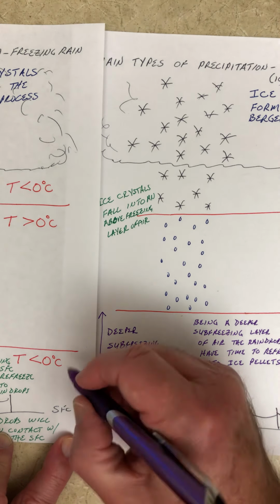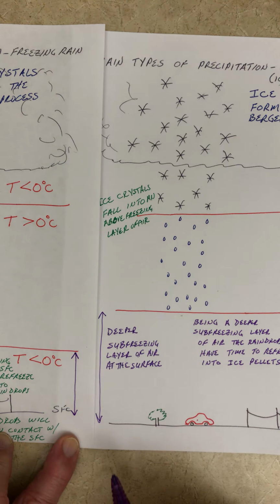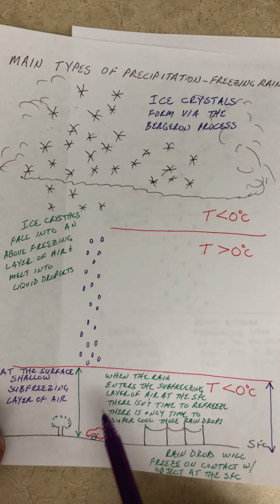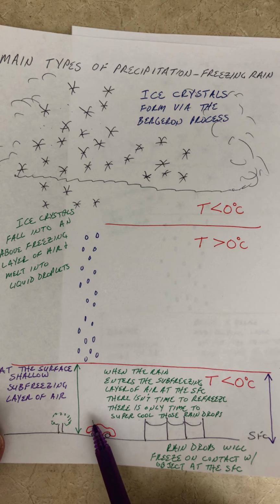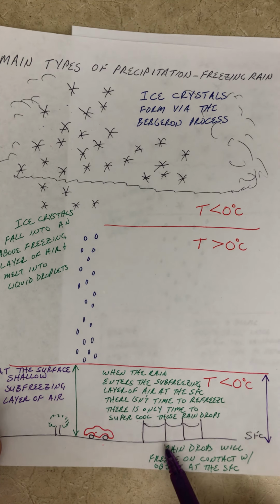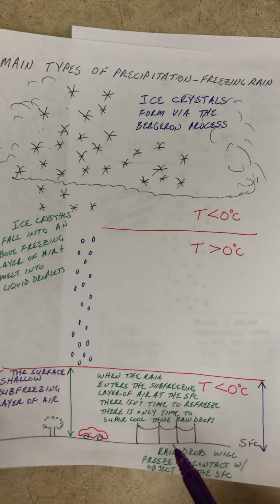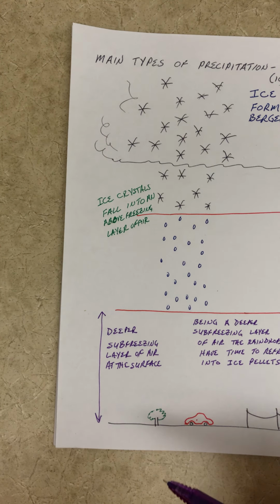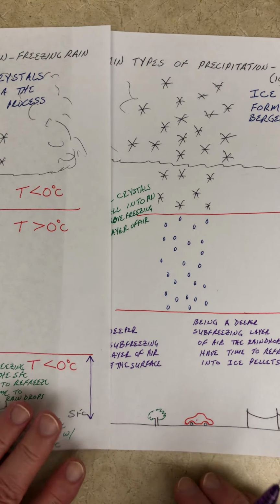With freezing rain, you have a much shallower sub-freezing layer of air. So when the raindrops fall into that shallow sub-freezing layer of air, they don't have time to refreeze. They only have time to become super cooled. And so when they fall to the Earth's surface, they're going to coat everything with ice. That's freezing rain. Okay, sleet or ice pellets, the sub-freezing layer of air is deep enough to give them time to refreeze. Okay, so that's the big difference.